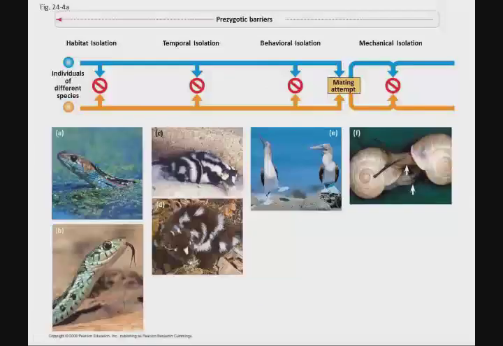So I've got a couple examples here. And so prezygotic barriers, we can break it down into, number one is habitat isolation. If you've got two species that just don't encounter each other, and we're calling them species now because they come from an original population, and some mutation results in some subset of the population to spend more time, in this case in the water, than on the land.